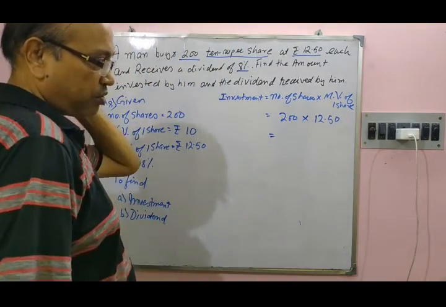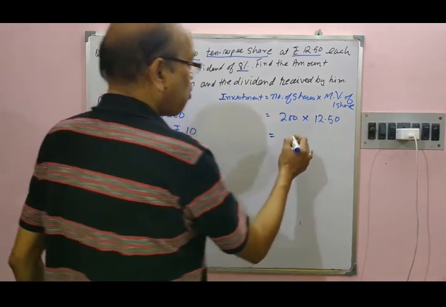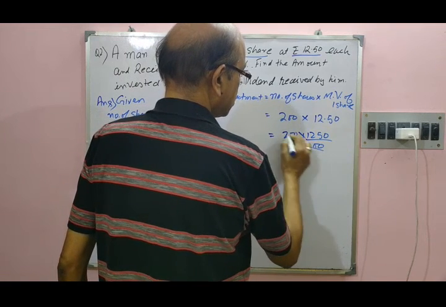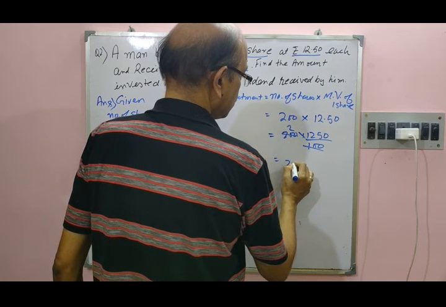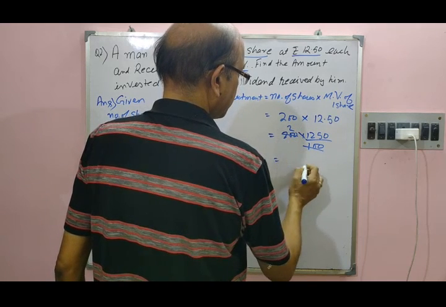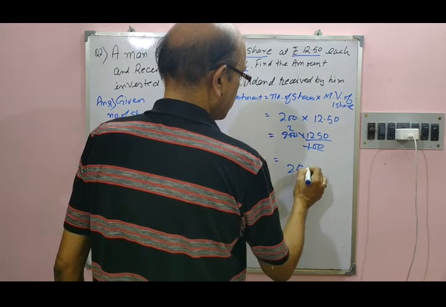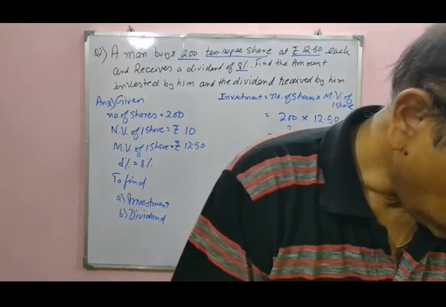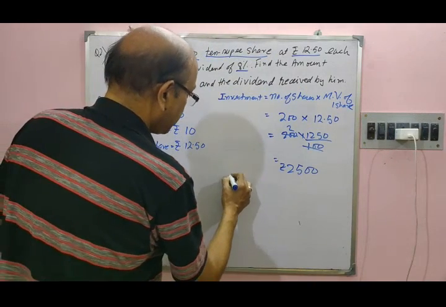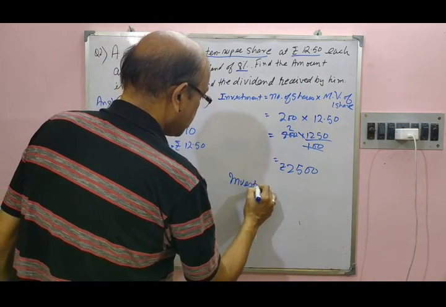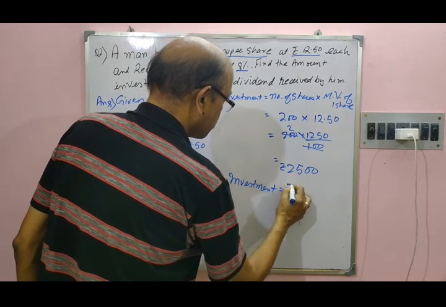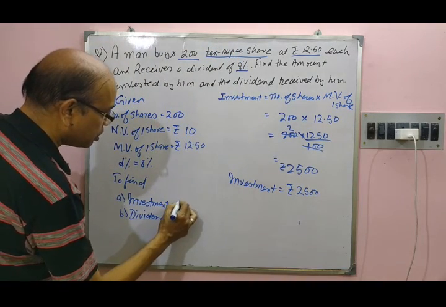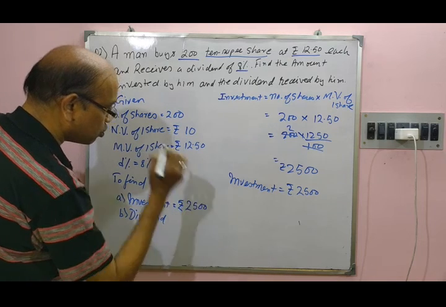Solve this. Two 500. So your investment is rupees 2500.